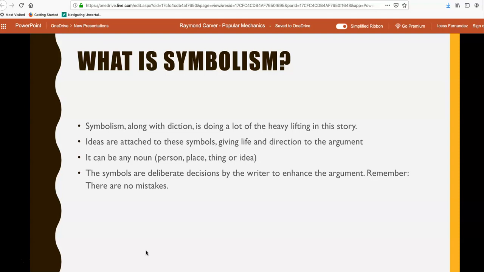So a symbol for a writer for a story like this is very deliberate. It enhances the argument. And I want you to remember there are no mistakes when it comes to writing, right? An author put that stuff in there and there is no mistake.